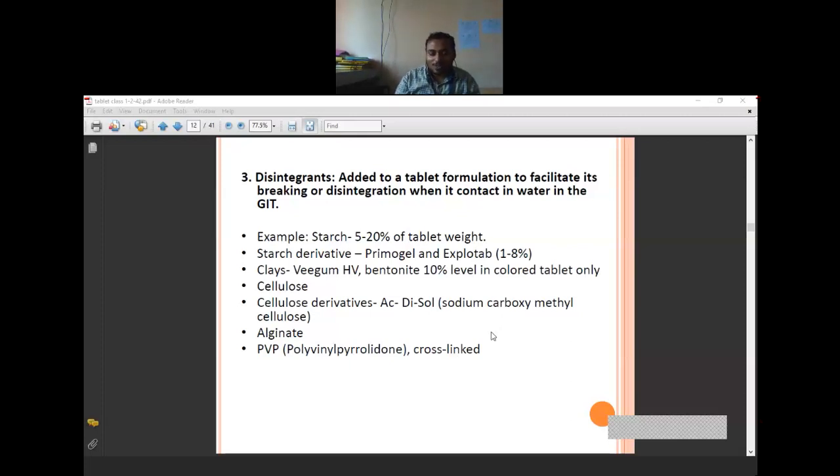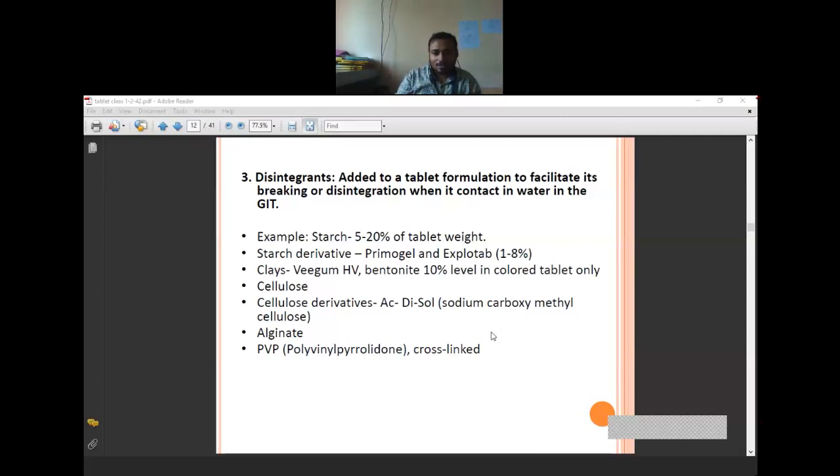If we are using a lesser quantity of water, then it will act as a binder, and when it comes in contact with a higher quantity of water, then it will act as a disintegrating agent. Have you seen the derivatives of starch? Primogel is one derivative of starch.